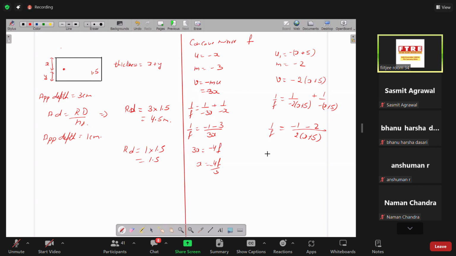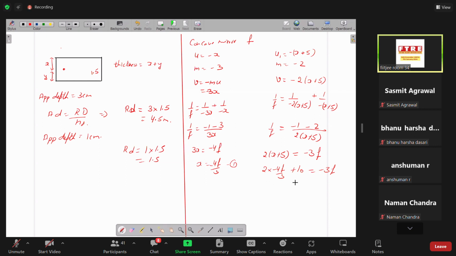So I get here that 2 into x plus 5 equals -3f. So since we have to find out f, let's substitute the value of x from the first equation here. So I'll get here 2 into minus 4f by 3 plus 10 equals minus 3f.